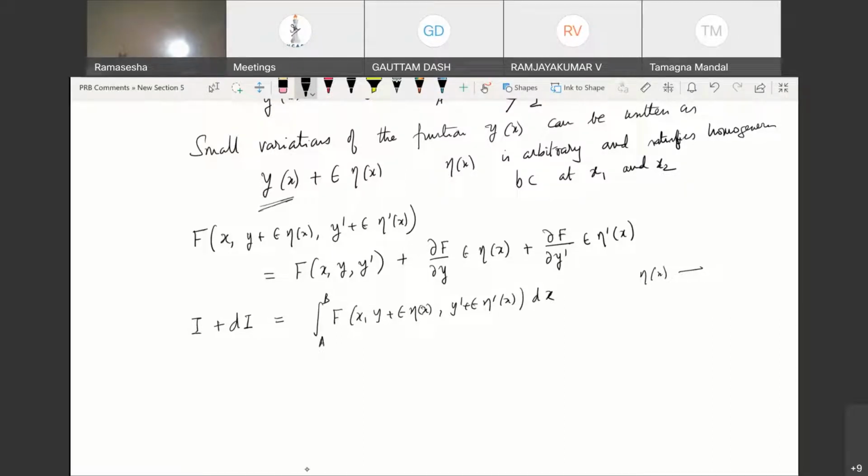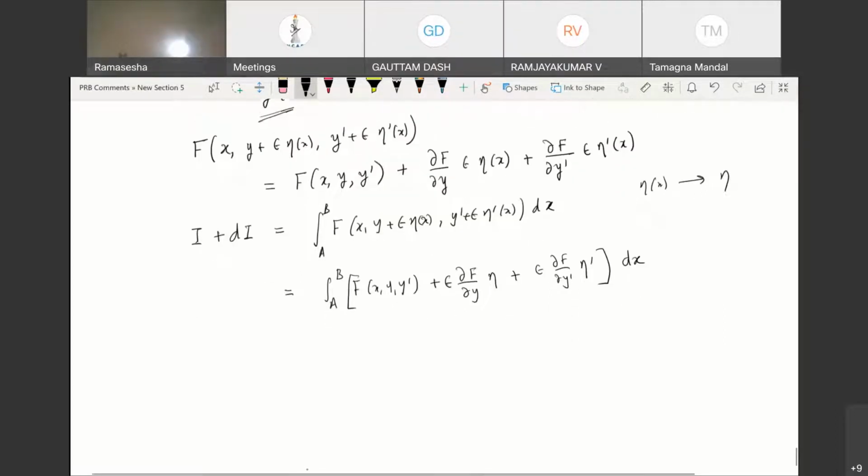So if I do this, integral from A to B of f of x, y, y prime plus epsilon del f by del y eta plus epsilon del f by del y prime eta prime, times dx.